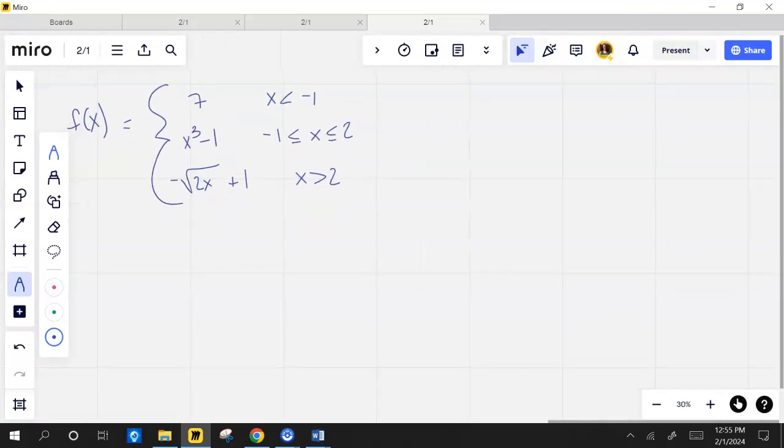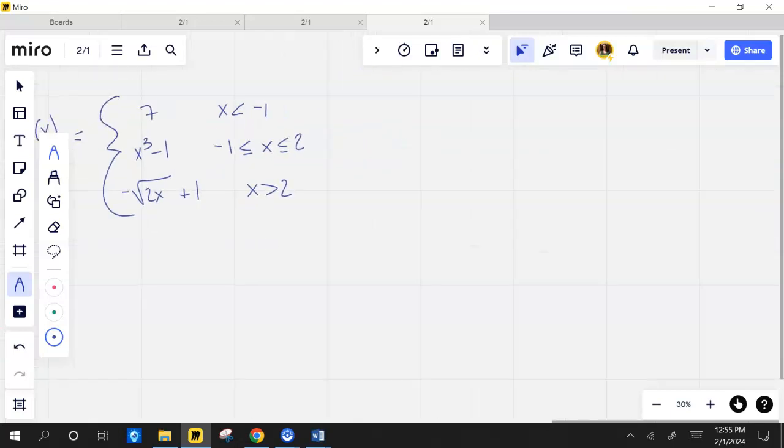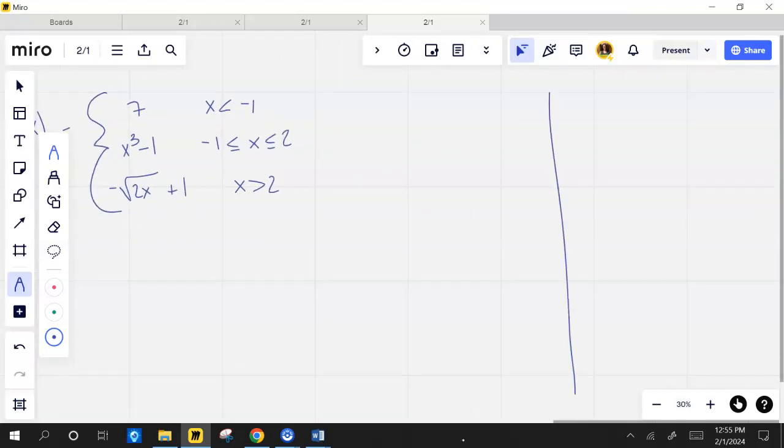All right, let's do the first one. What does the graph of y equals 7 look like? It's just a horizontal line. That's all it is, at 7. So this is saying when x is negative 1, 1, 2, 3, 4, 5, 6, 7, inclusive or exclusive? Yep.